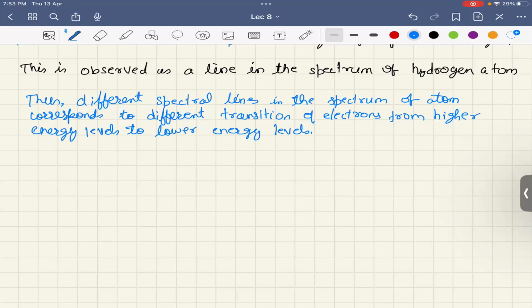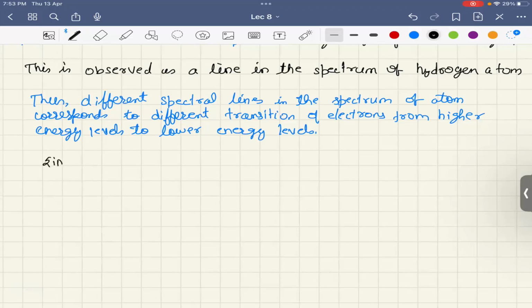Now, we talked only about the case of one electron. Imagine if there were many electrons; in that case, there would be many spectral lines.